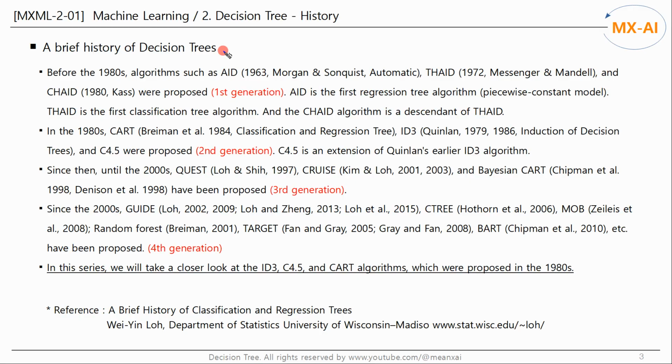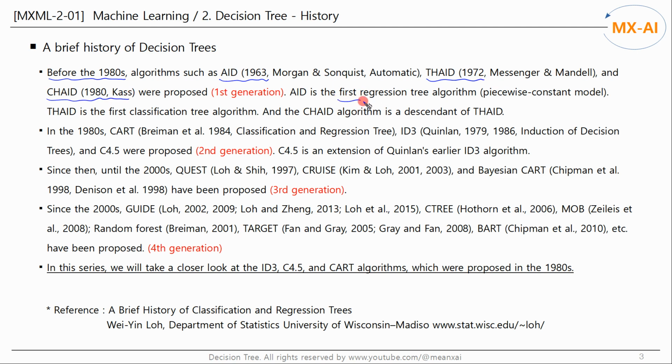Now, let's briefly look at the history of decision trees. Before the 1980s, the first-generation tree algorithms were proposed. In 1963, the AID algorithm was proposed. In 1972, the TIDE algorithm was proposed, and in 1980, the CHAID algorithm was proposed.